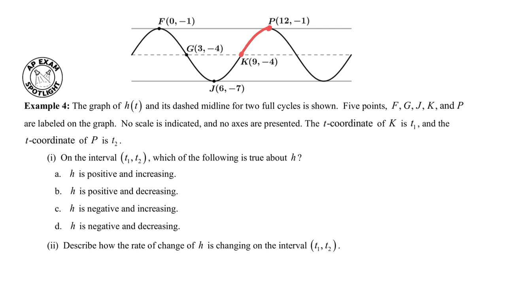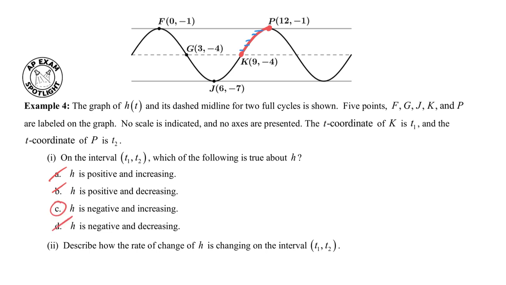This graph never gets into the positive quadrants of the graph. So A and B cannot be the answer. Now we're just asking, what is the height doing on this guy? Well, the height is going up. If you look at the heights, it keeps going up, so it is increasing. So C is the answer, okay?